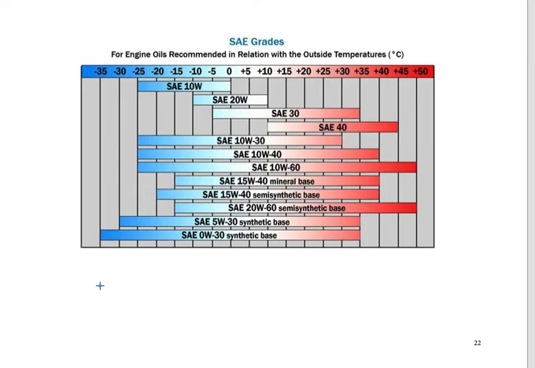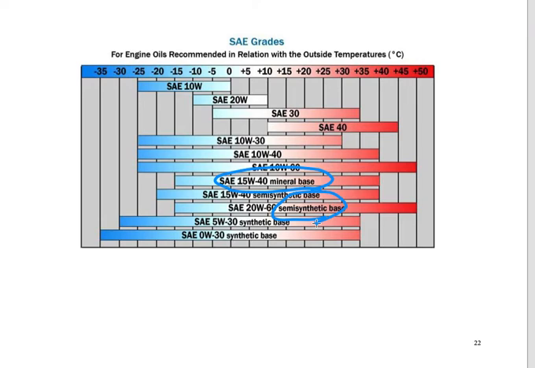So this is the range of temperature for certain examples of engine oil. I think you know our engine oil can be divided into three types. One is a mineral oil base, meaning we use the petroleum base. Then we have a semi-synthetic, meaning we modify the oil chemical chain, but not all of them, only half of them.